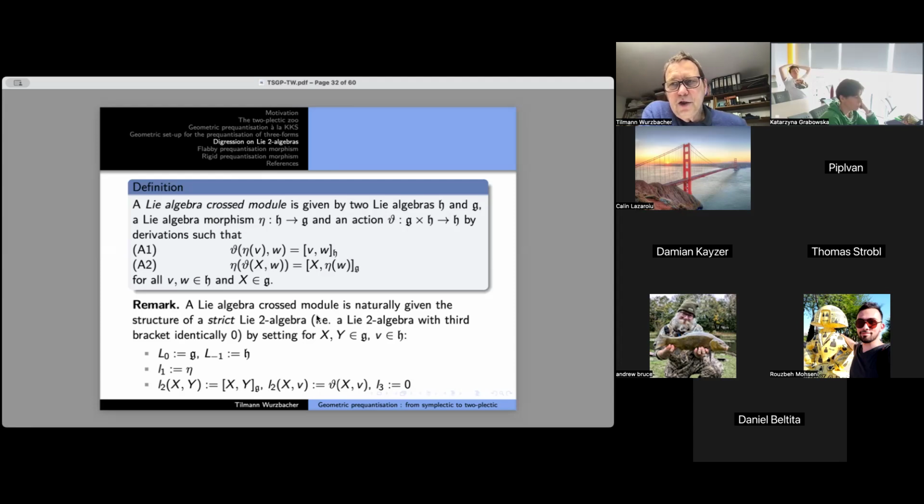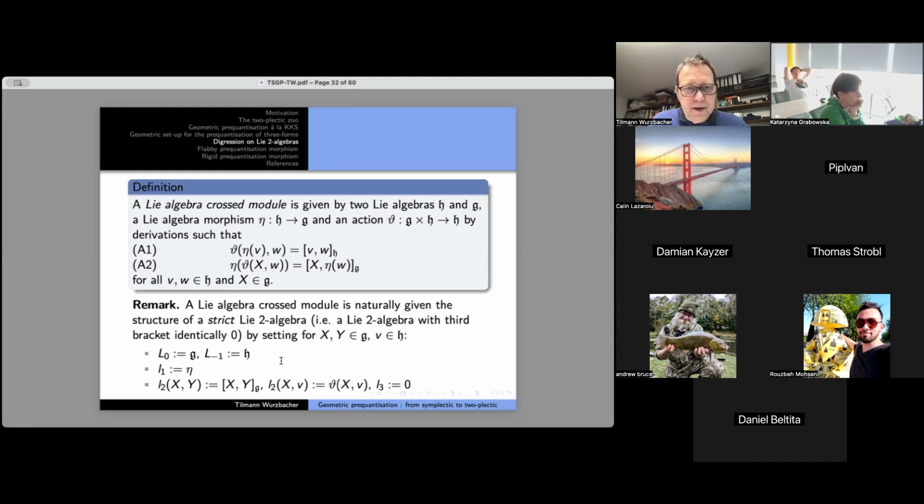The traditional Jacobi identity is given in terms of L2, in a certain sense L2 composed with L2, and in a Lie infinity algebra this should be L1 composed with L3. That's the notation of Stasheff to compactify all these things. So if L3 is not there, then it means that you have Jacobi.